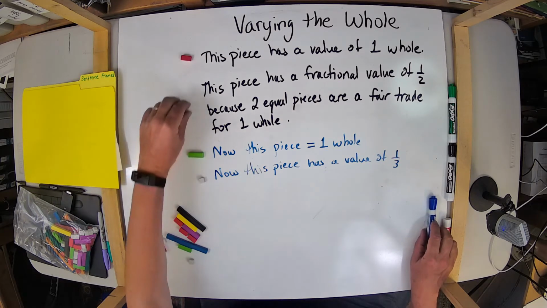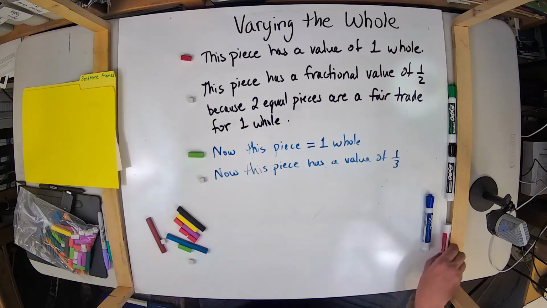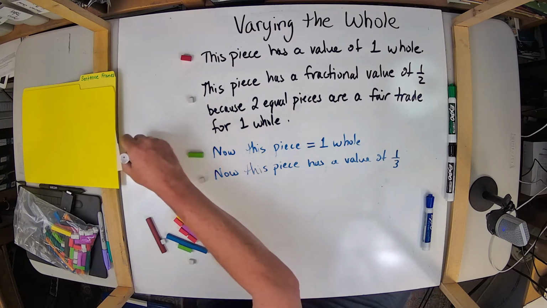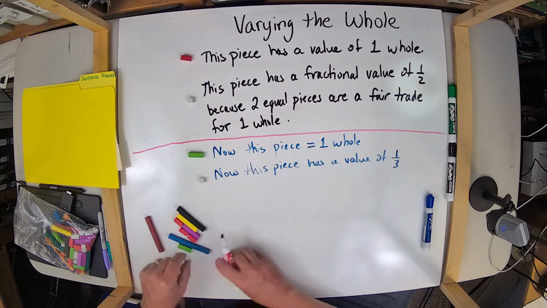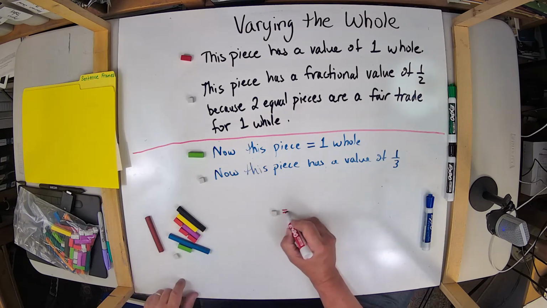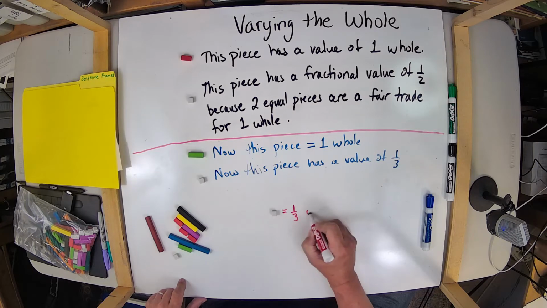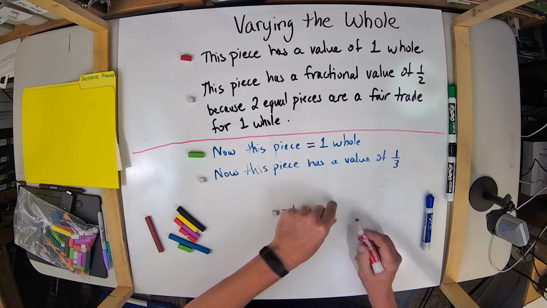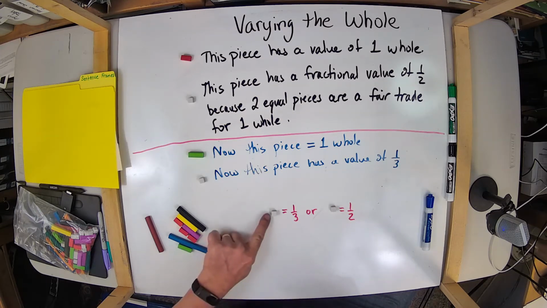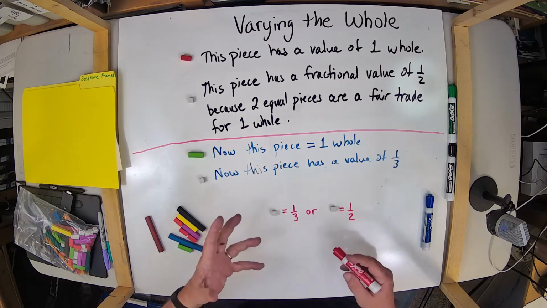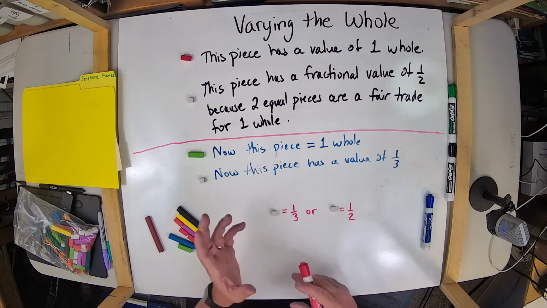Now, here's a big problem, and this is a problem that students have a hard time understanding. So what value is this? Is this equal to 1/3, or is this equal to 1/2? Students will want that block to have an inherent value, but it doesn't have an inherent value.